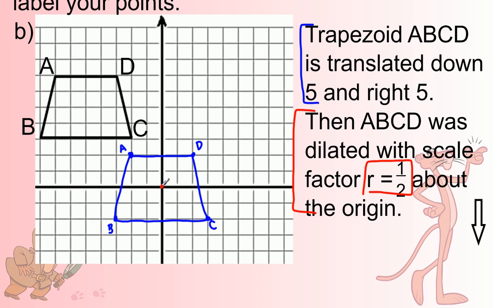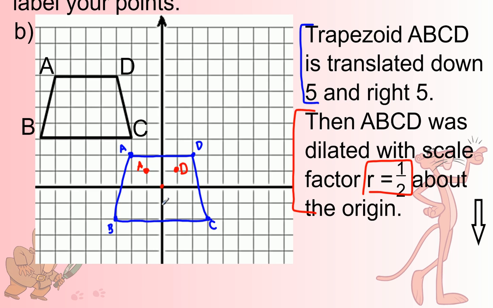To get from the origin to D, I would go up 2 over 2. Half of that would be up 1 over 1. To get to point A, up 2 over 2, half that would be up 1 over 1. To get to B, I would go down 2 over 3.